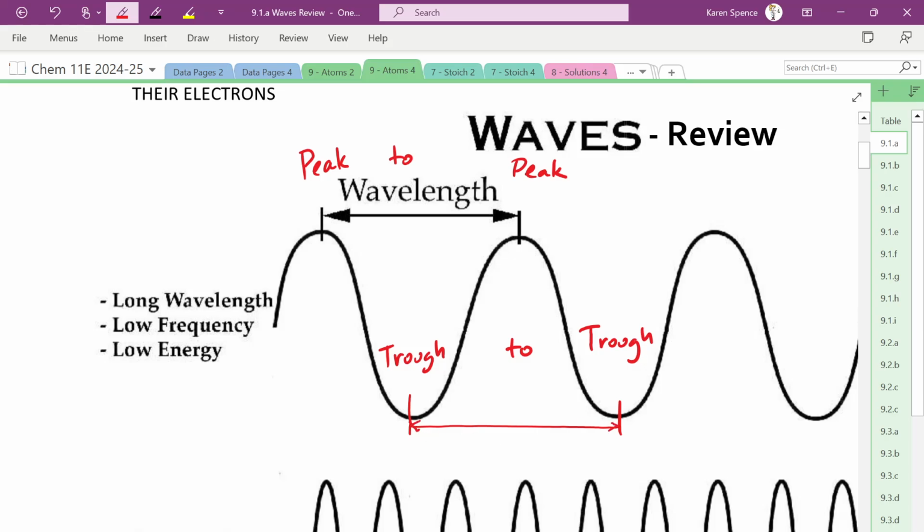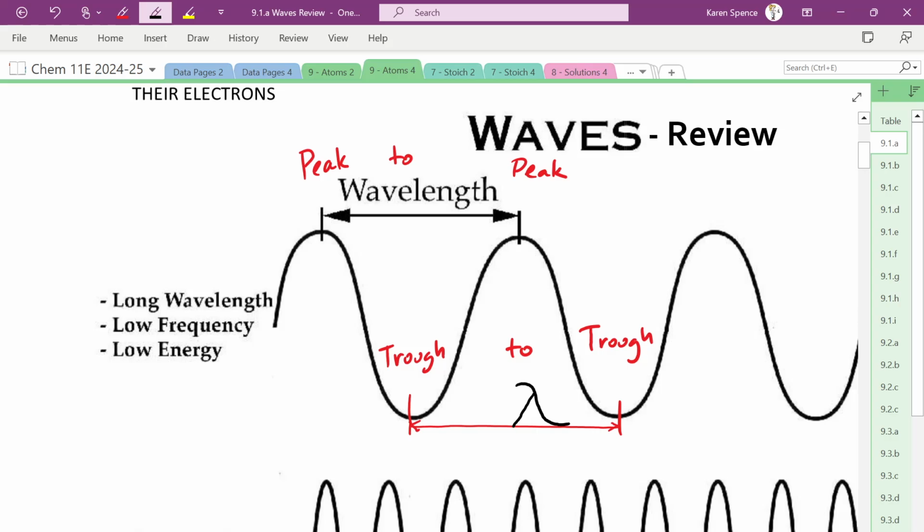And I'm not going to write wavelength there. I'm going to write the symbol for wavelength. And I want you to look at the wave itself and watch how I draw this symbol. Does that kind of look like half of the wave, right? So you draw like that, and then you draw a line down like that.